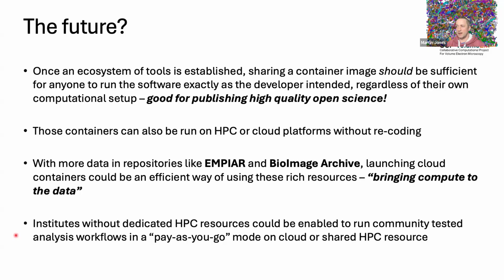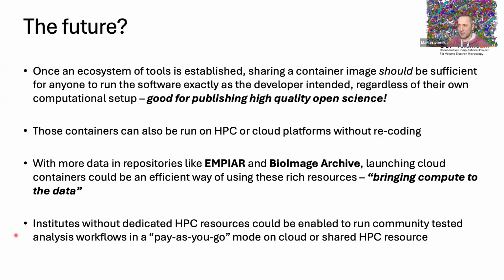You should be able to just say, I use this version with this image digest, and that is exactly the analysis I did. No possibility of it producing erroneous answers. Because these containers are great to work locally, but they also work on HPC and cloud, I think that's a really powerful way of extending work you might be doing locally into larger computational infrastructure.